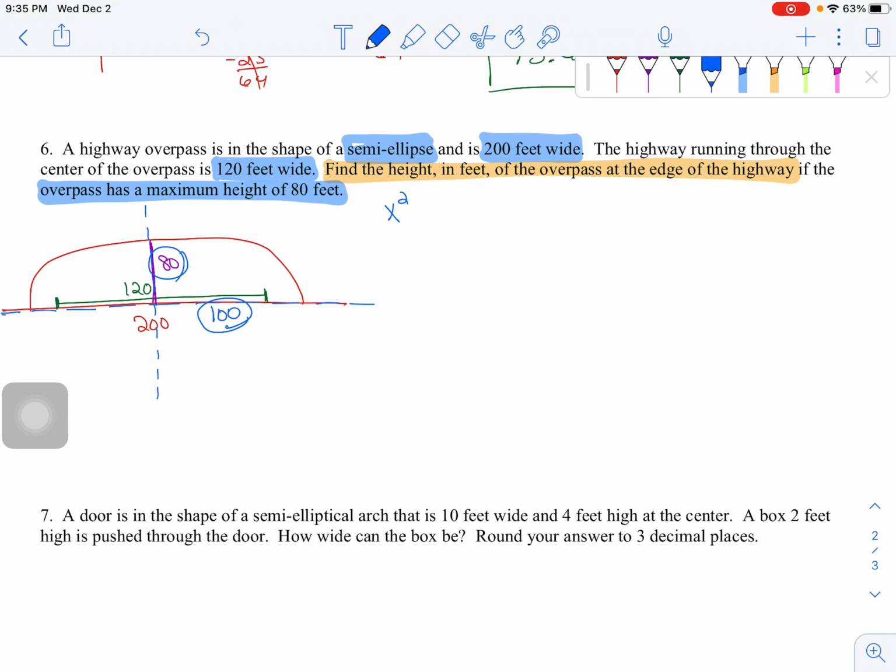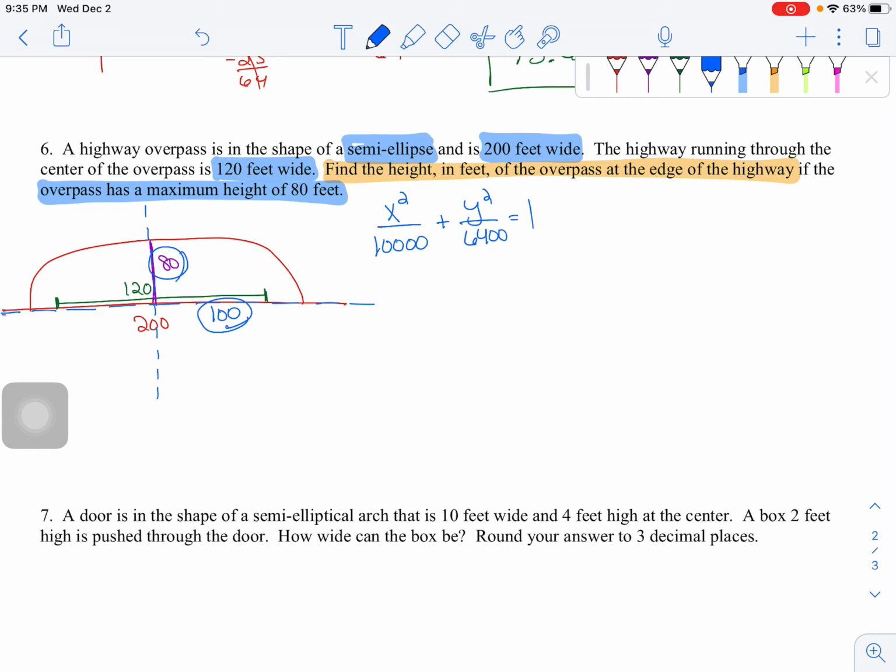So I'm going to use the 100 here, and the height of 80 here. So x squared over 100 squared, so that's 10,000, plus y squared over 6,400 is equal to 1. So that's the equation of the ellipse.